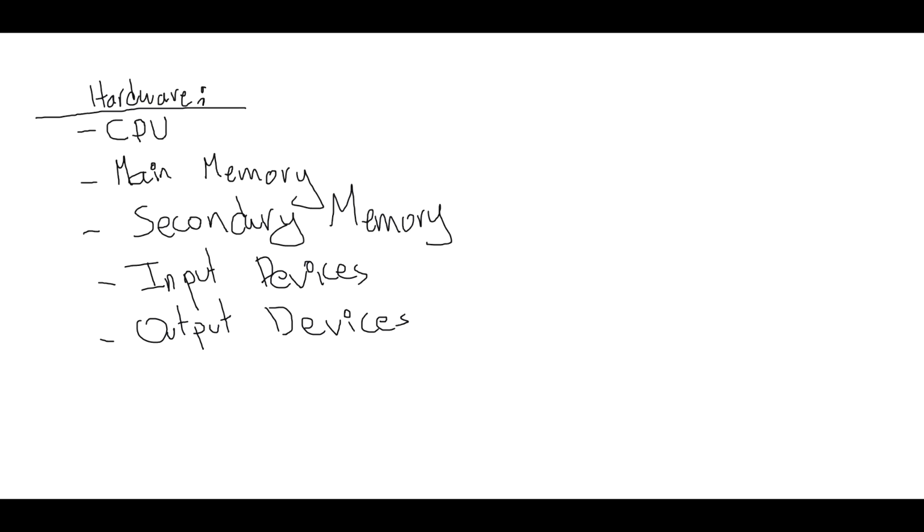So if you want to think about it, you can imagine you have a box, a black box. In this case, it's a red box. You have the CPU, you have the memory, main memory. Then you have input devices. You have output devices.